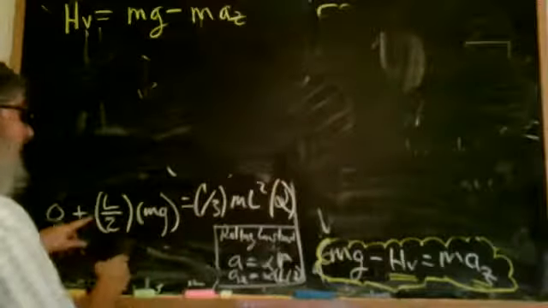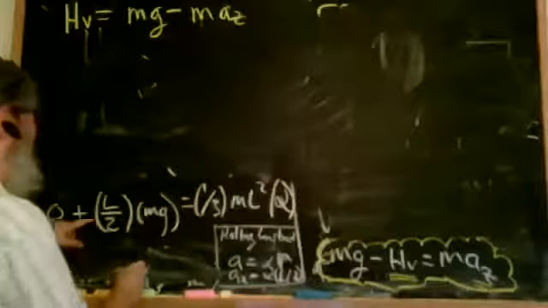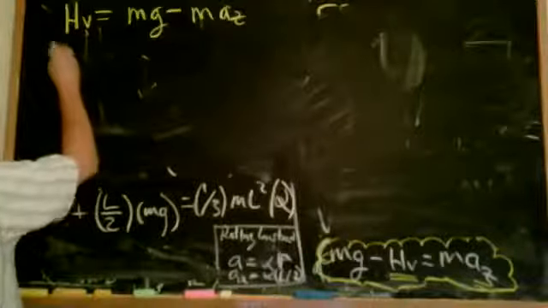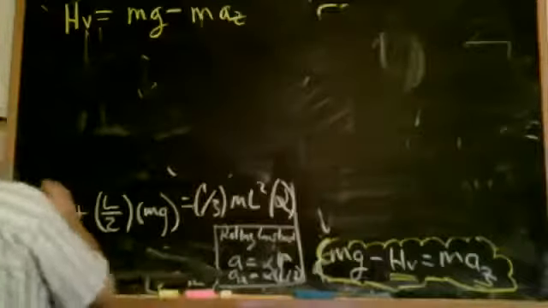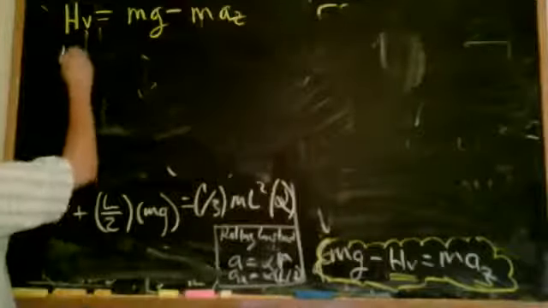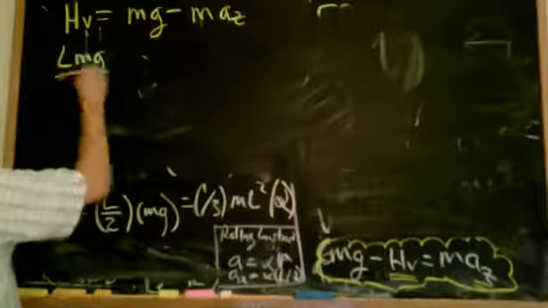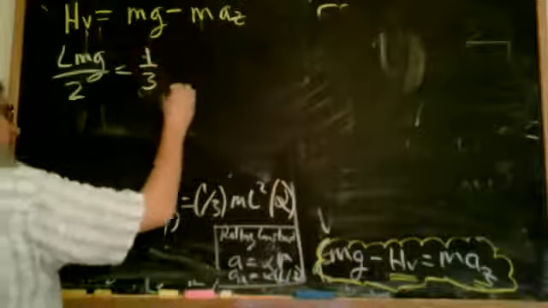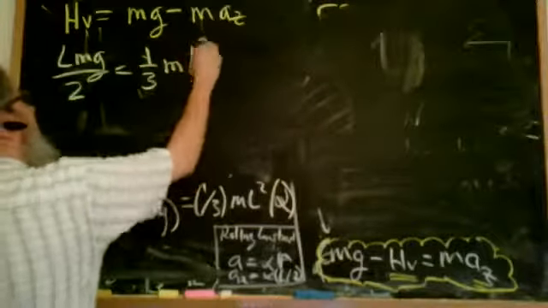The next equation, I'll take this equation and slightly rewrite it. I'll just basically keep the L's here. So this is this one here. I'll say L mg over 2 is equal to 1/3 ML squared.